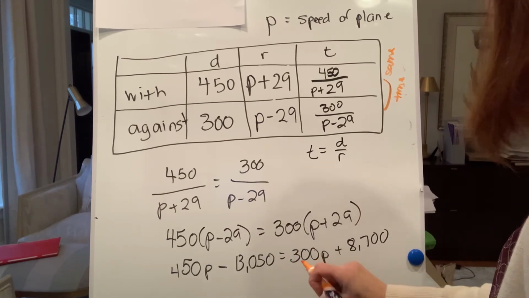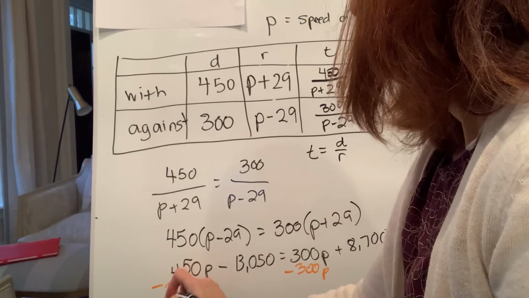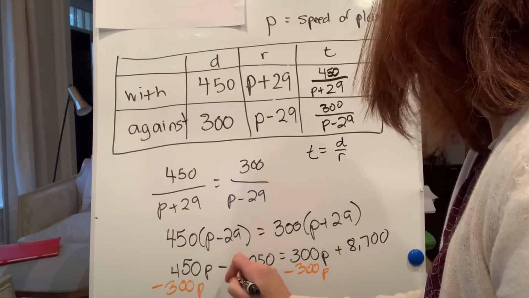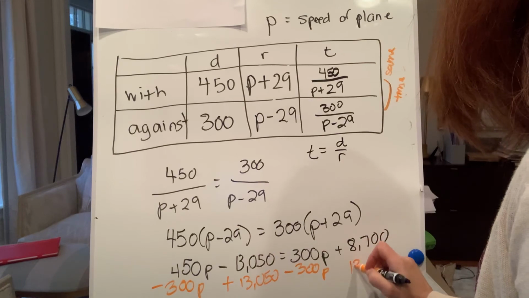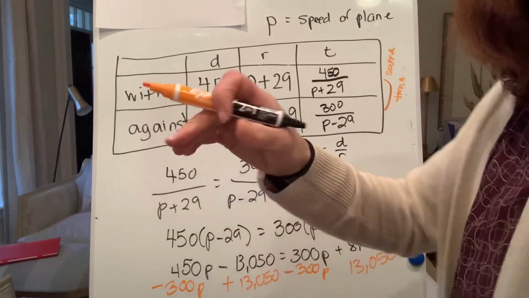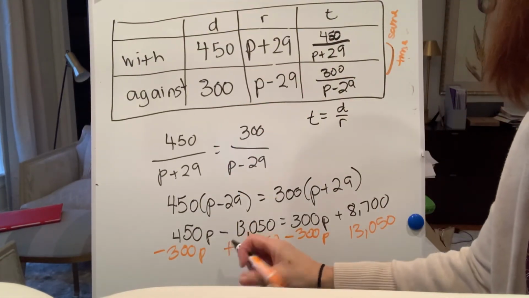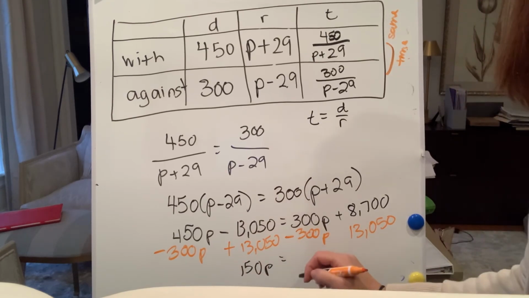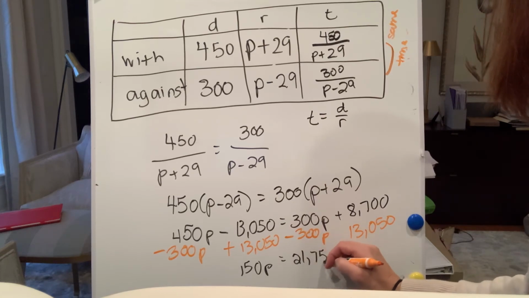I'm going to subtract 300P, and I'm going to add 13,050 to both sides. Now I get 150P equals 21,750.